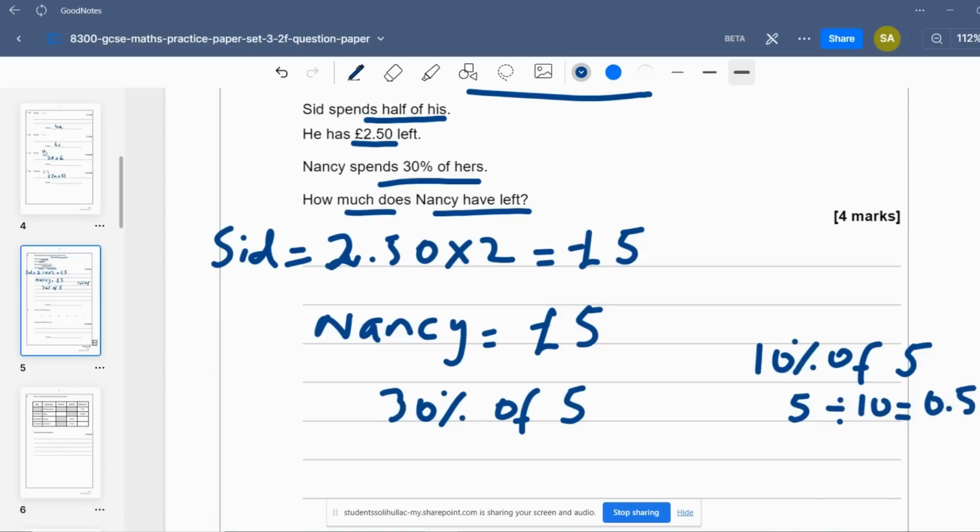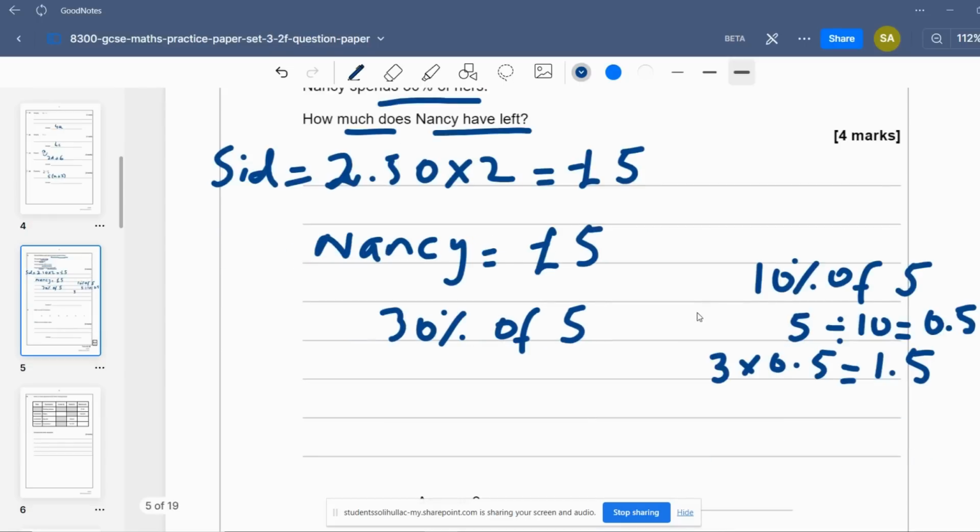To find 30%, we multiply 3 times 0.5, which is 1.5. Then you take away 1.5 from 5. So 5 minus 1.5 gives you £3.50 left. And that's the answer.